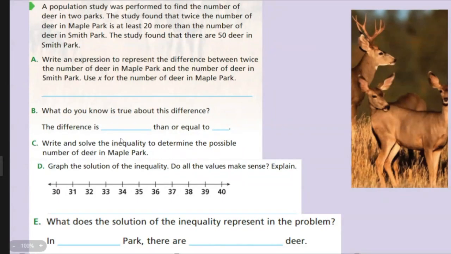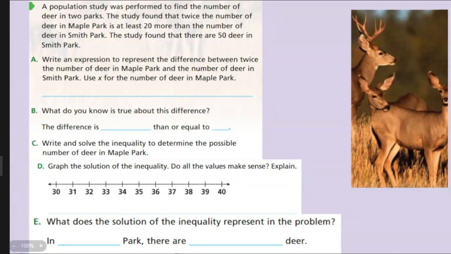Okay, now let's read this problem where we can apply what we've just seen regarding inequalities, constraints, and the different symbols that we can use depending on the context of the problem. So here we see a population study was performed to find the number of deer in 2 parks.